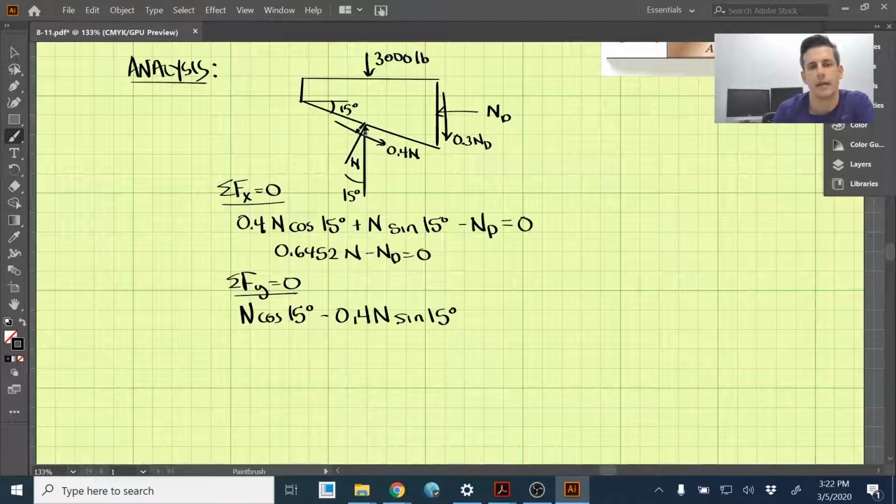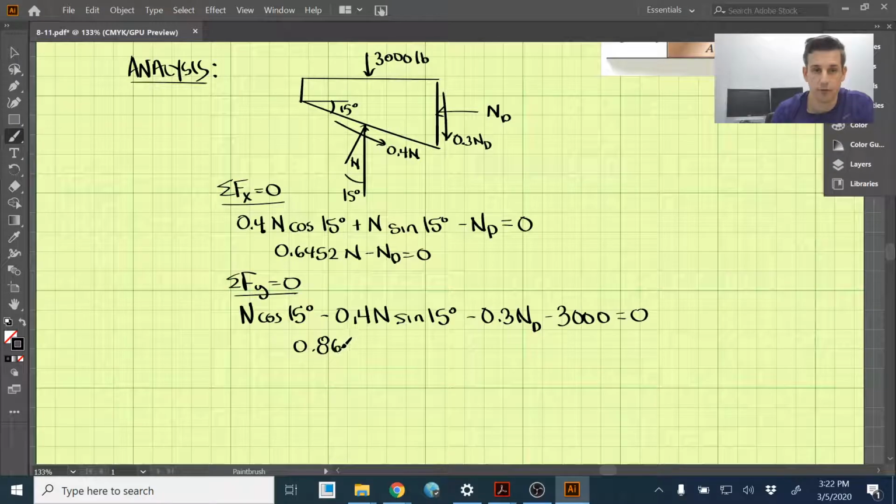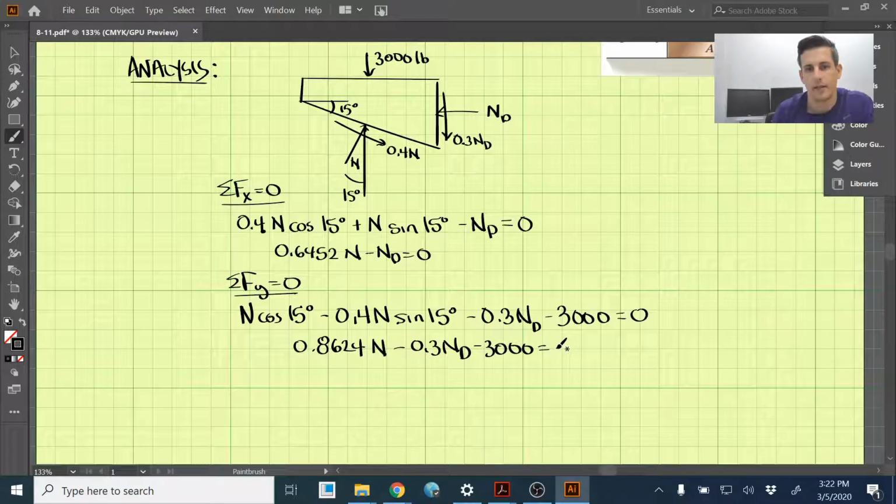Then we have our 0.3 ND here, so that's negative 0.3 ND. And lastly, our 3,000 pounds, which is on top, setting that equal to 0. I believe that comes out to 0.8624 times N minus 0.3 ND minus 3,000 equals 0.